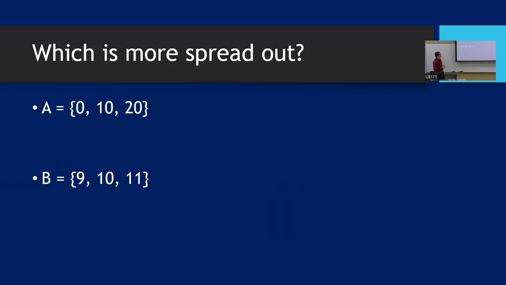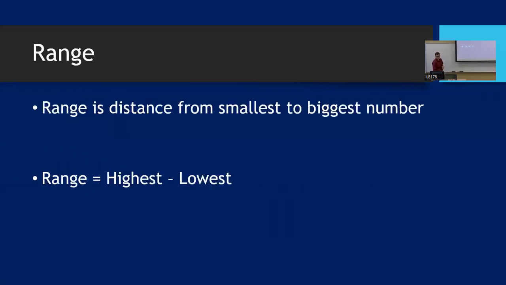But as far as spread out goes, A is more spread out than B. So we want some measurements of how to calculate this and be more specific, not just based on intuition.